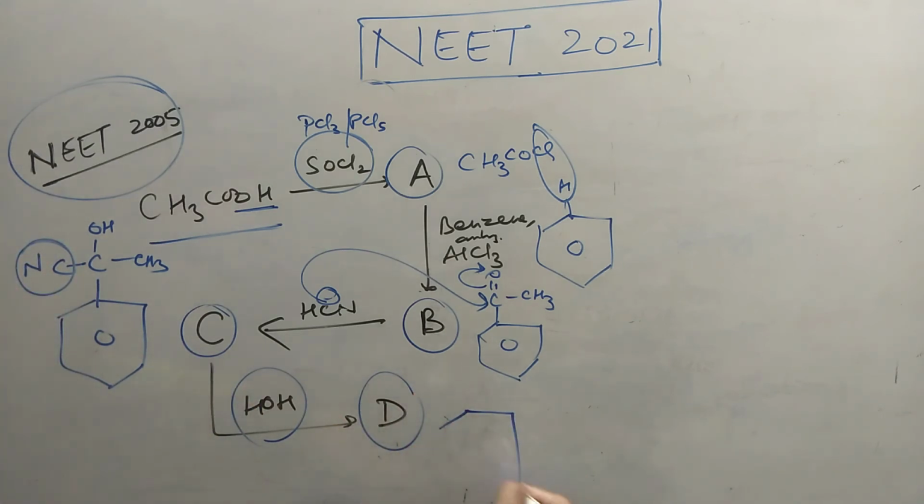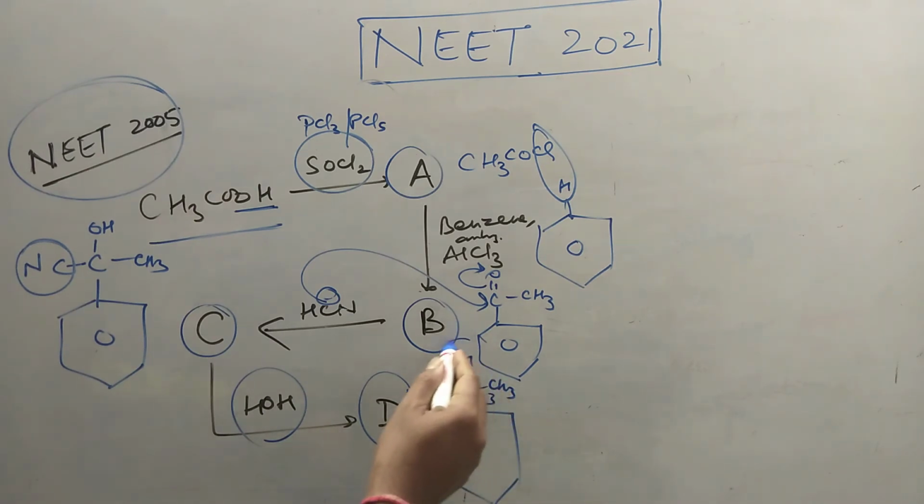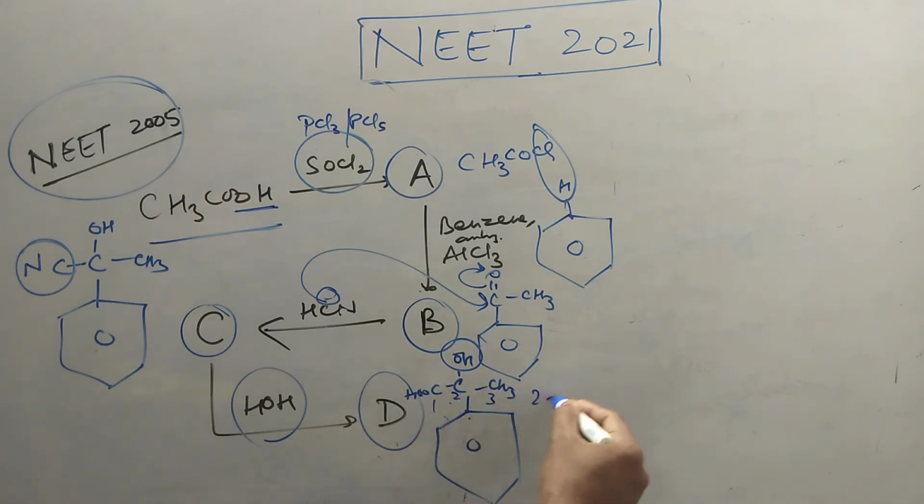So your D compound will be C(OH)(CH3)COOH. So you can name this compound, student. So it will be 1, 2, 3. It will be 2-hydroxy-2-phenyl propanoic acid. So this will be the final product.